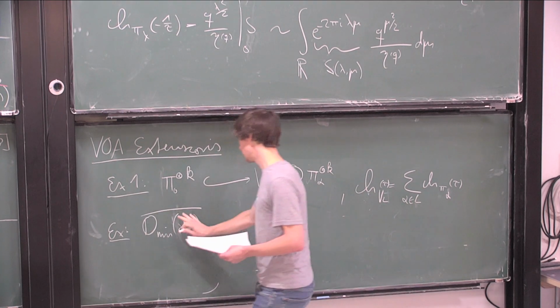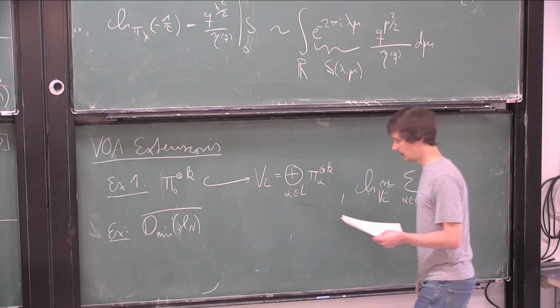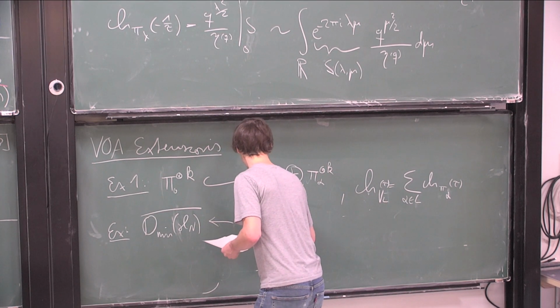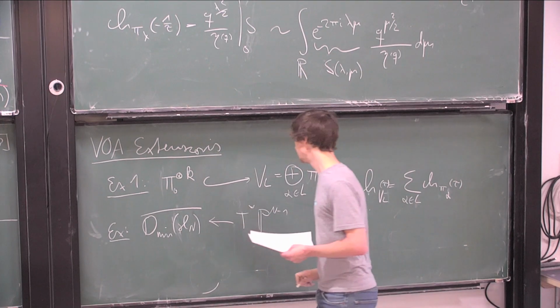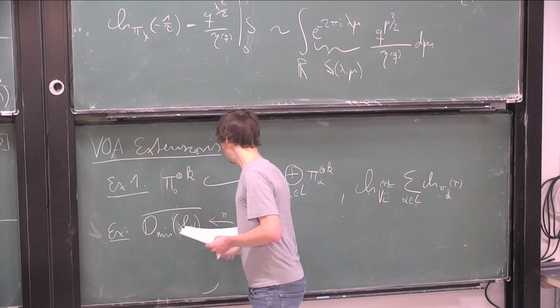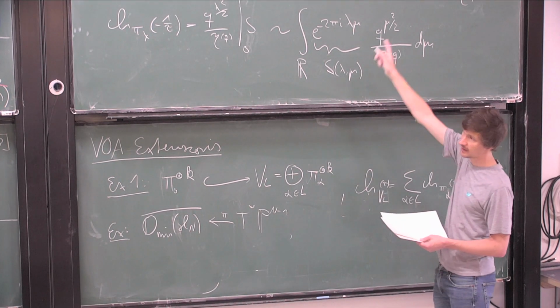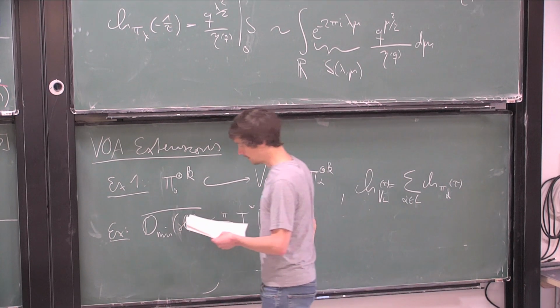This is a symplectic singularity, which would be resolved by T*P^(n-1). And we can build a VOA that has this symplectic singularity. For n equals 2, it's the same one as there, but in general it's different.